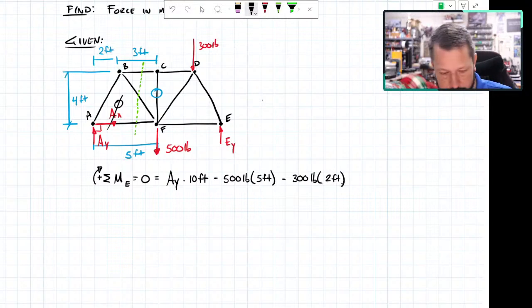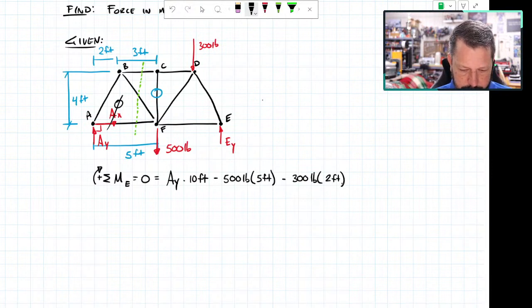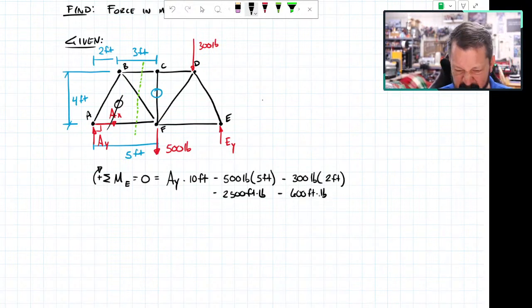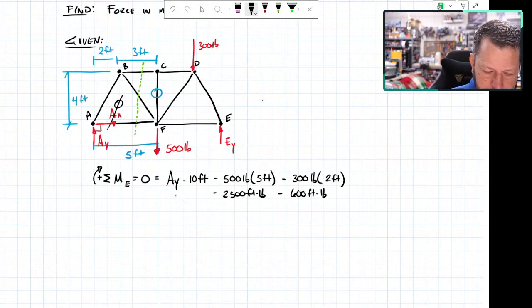All right, let's get my calculator out. I've got 500 times 5, that's 2,500 foot-pounds. And 600 foot-pounds here. Those are both negative. I have AY times 10 feet.